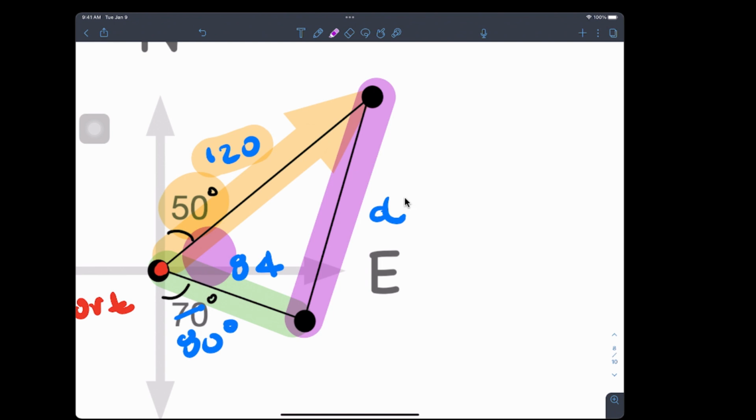What angle is that going to be? Is that a straight line? So what does a straight line have to measure? How do you get that angle?